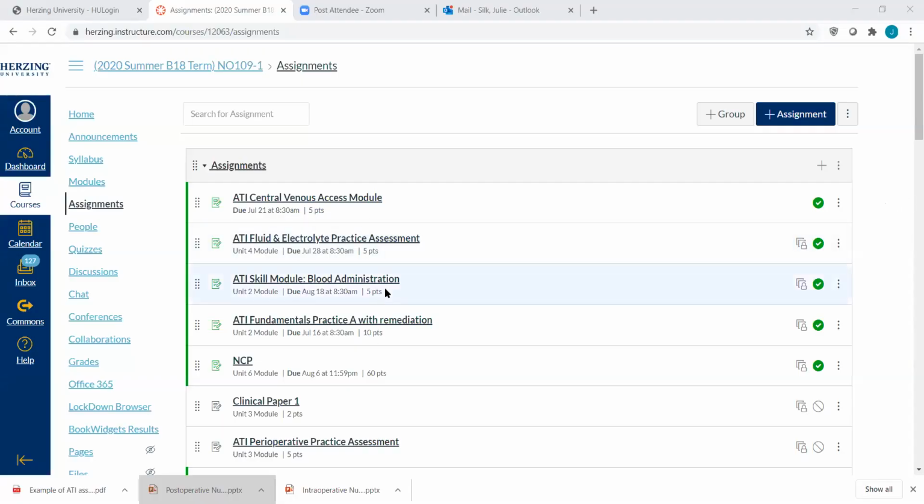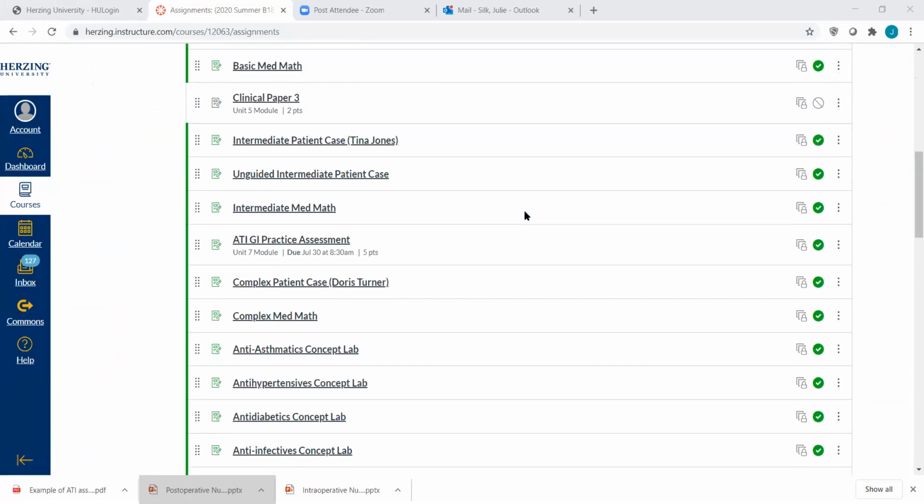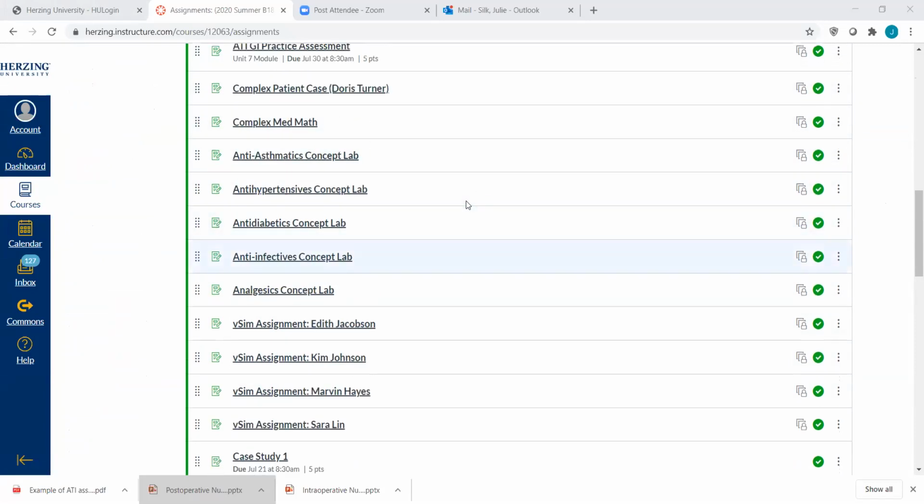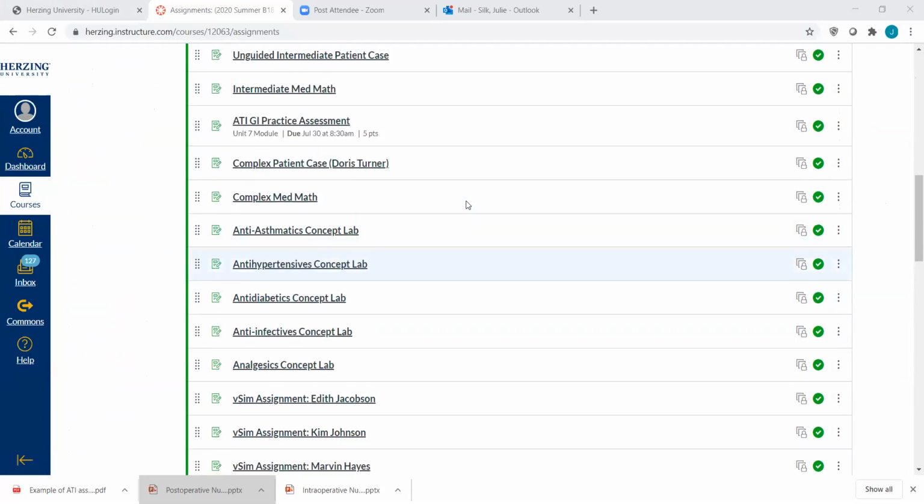Okay, so when you're on our Canvas page for my class, over here on the left, you see where it says assignments? If you click assignments, there's a bunch of things here. So see, here's VSIM. Here's those concept labs for the Shadow Health stuff. See all that? That's where those are.